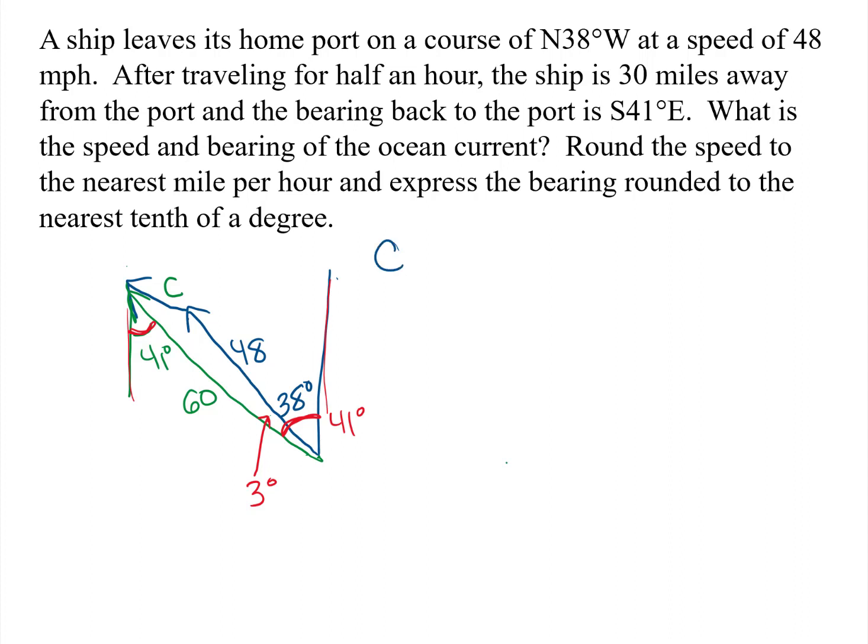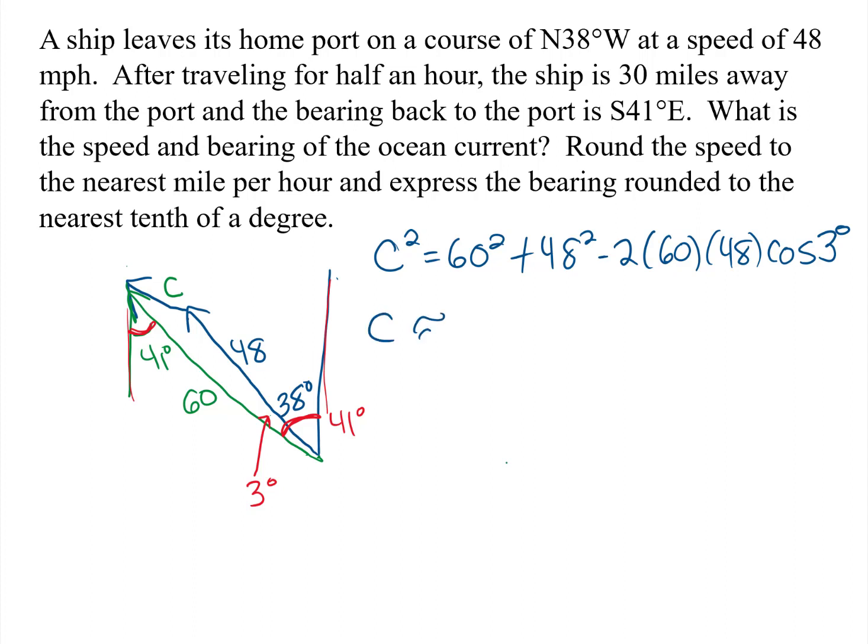And so we know that the opposite side, c squared, equals the sum of the squares of the other two sides, 60 squared plus 48 squared minus 2 times the product of those sides, 60 times 48, times the cosine of the angle between those sides, which was 3 degrees. So that would give me the velocity of the current.